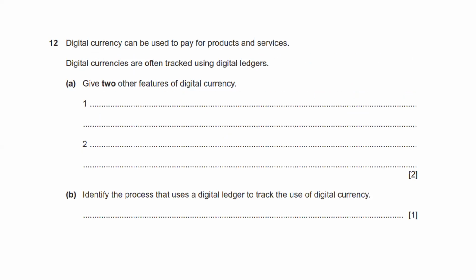So, anyways, moving ahead, question number 12, it says digital currency can be used to pay for products and services. Digital currencies are often tracked using digital ledgers. Give two other features of digital currency. So actually they are electronic or paperless.